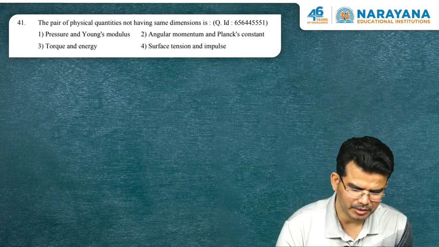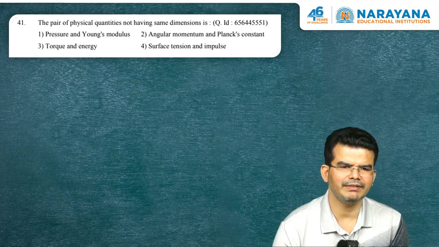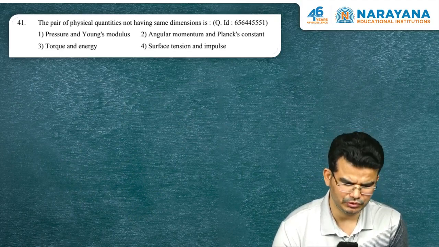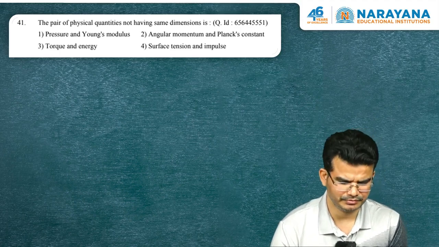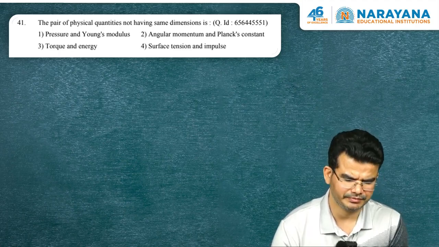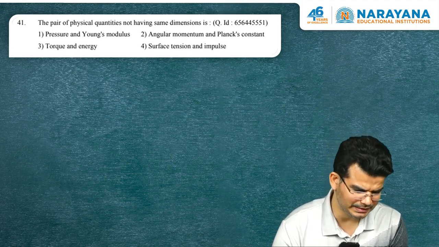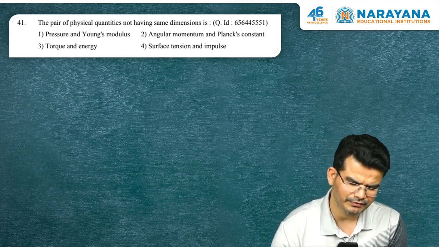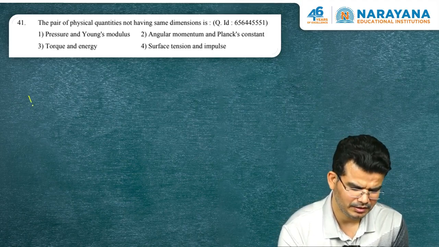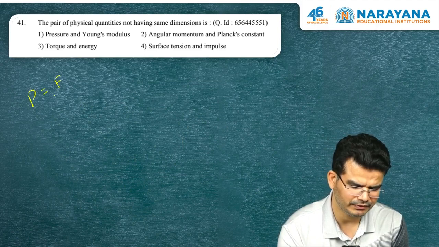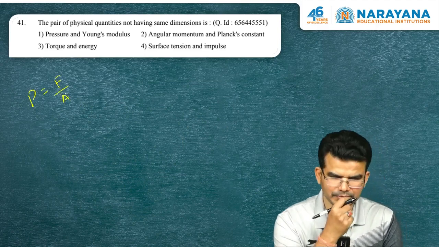Next one: a pair of physical quantities not having the same unit dimension, a very simple problem. So, 2 questions are from unit dimension. First one is pressure and Young's modulus. Pressure P is force upon area. What is Young's modulus?